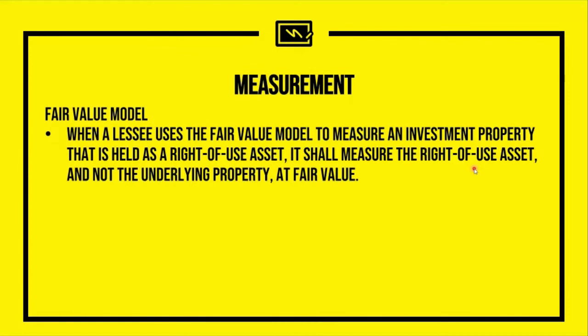So, the standard simply says that if you are a lessee and you have an investment property because you are under a finance lease, what you need to do is remeasure or measure the fair value based on the entire component of the right of use asset and not only of the underlying asset. So in other words, do not only compute for the fair value of the leased property, but the fair value of all the components that cover the lease. Okay? So that's how it works.